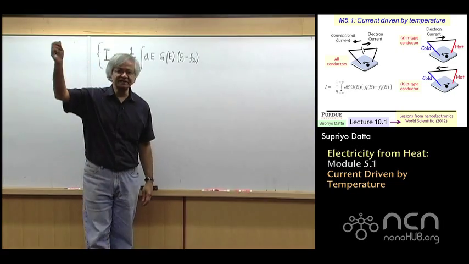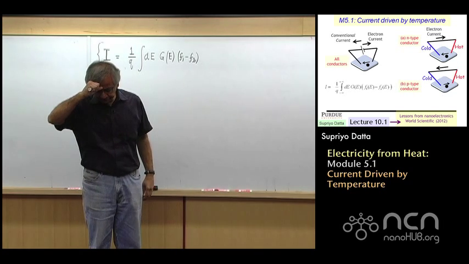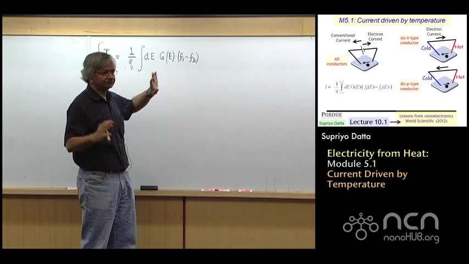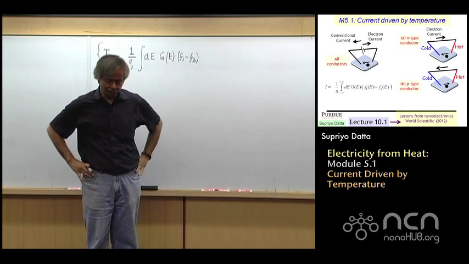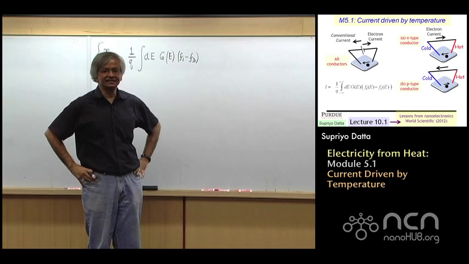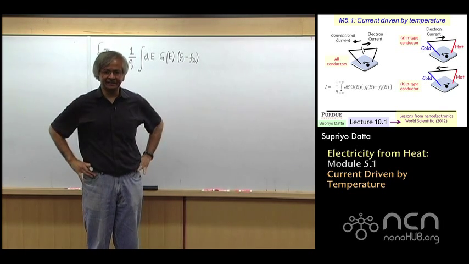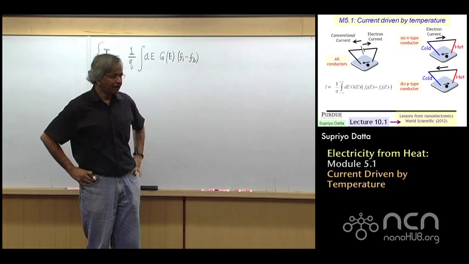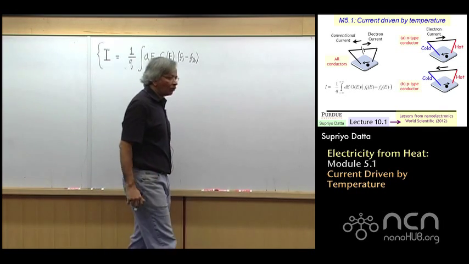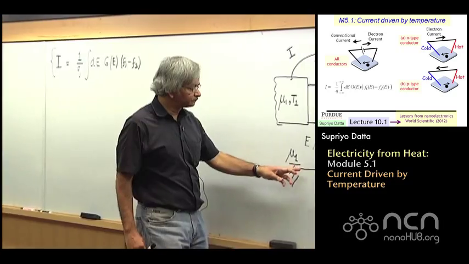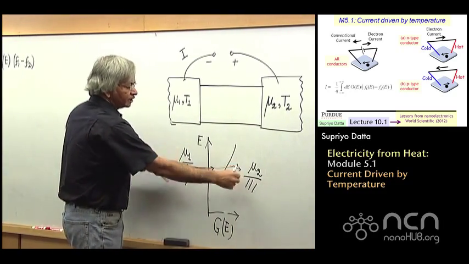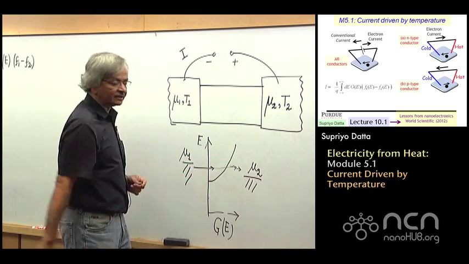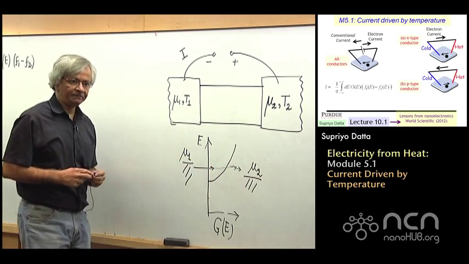And of course, one of the points I made is that this simple expression is usable only because we are using this bottom-up approach, where we are talking about a device that's really small, that you can think of as, quote-unquote, an elastic resistor, where electrons get from one contact to another without losing any energy. And all the energy exchange takes place in the 2 contacts.